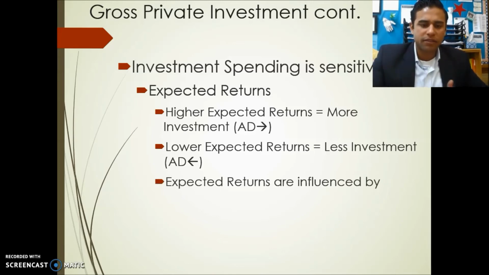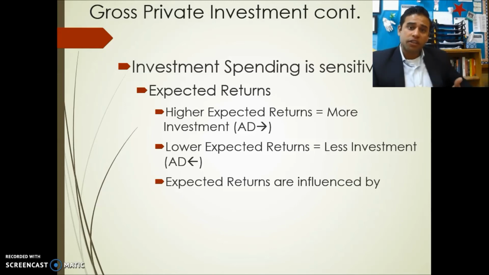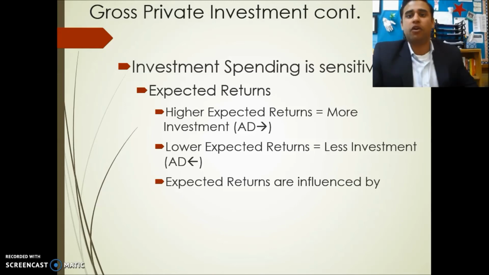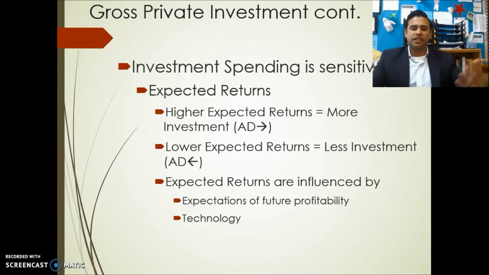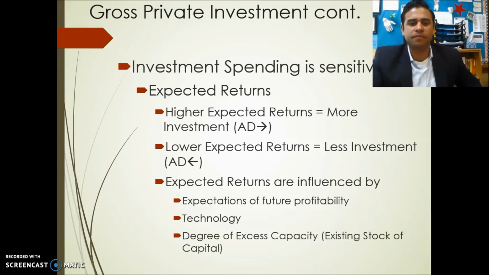Okay, what influences expected rates of return? Well, I'll go through this list quickly, but really what we're going to do is hold off on getting into these things until we do investment demand specifically. So expectations of future profits, technology, if there's some sort of technological innovation that is going to change your approach to investing, the degree of excess capital, right?